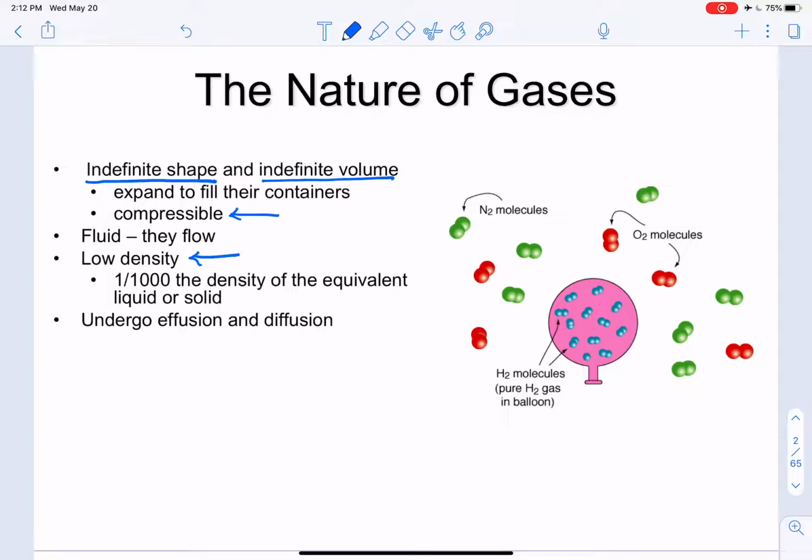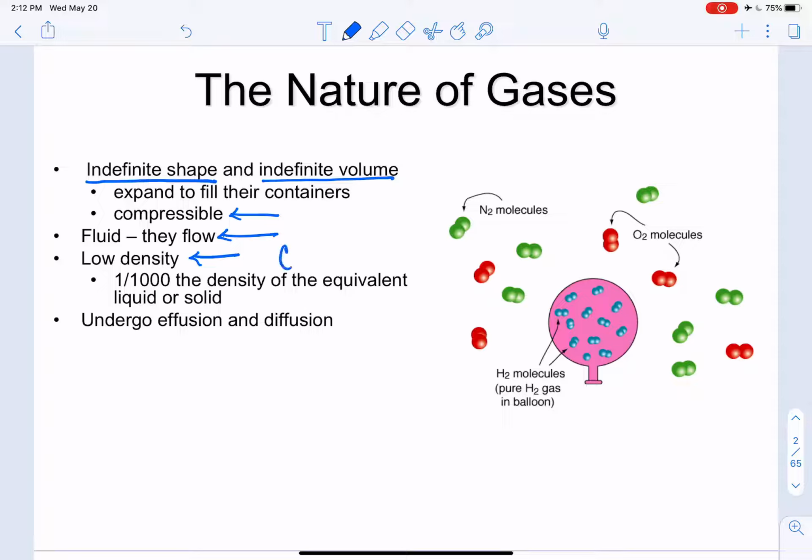And right here it says that gases are also fluids, which makes us go, huh? Because in real life, we think of liquids and fluids as the same thing, but fluid means that it can flow. So if we think of natural gas, which is what we use to light our stoves if we have gas burners, or if we have a gas water heater or a gas dryer in our house, this is the gas that we use, and it's mostly methane.